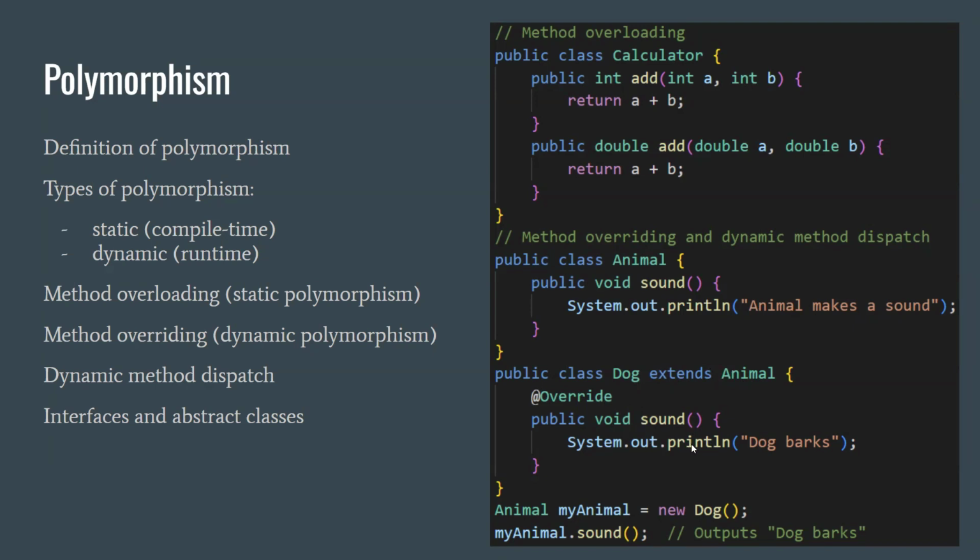So when sound is called on an animal reference pointing to a dog object, you will get dog barks as an output. So this demonstrates dynamic polymorphism through method overriding.